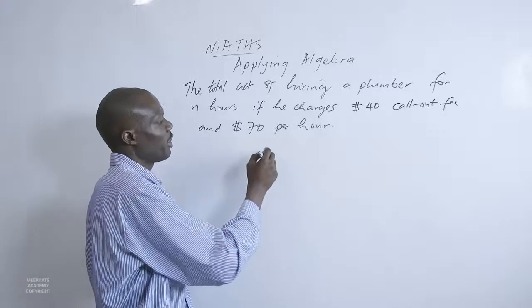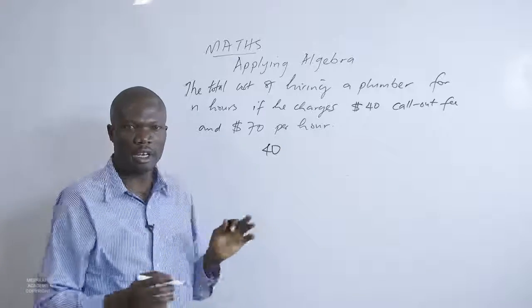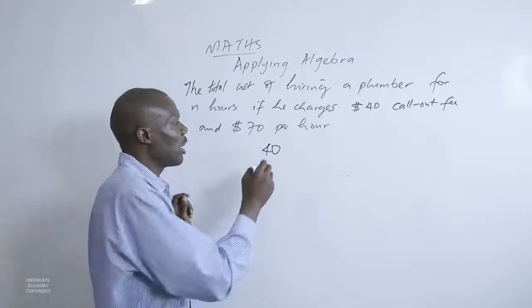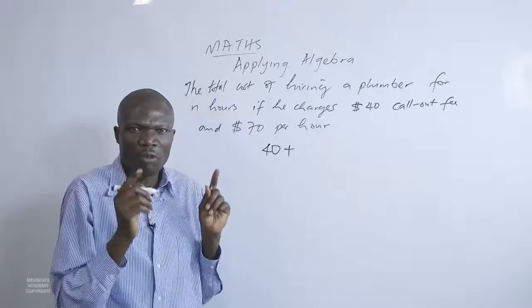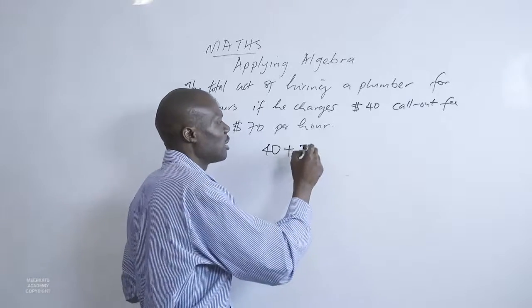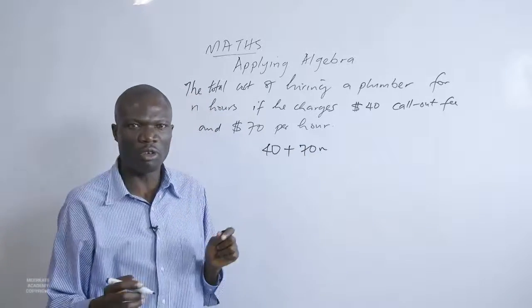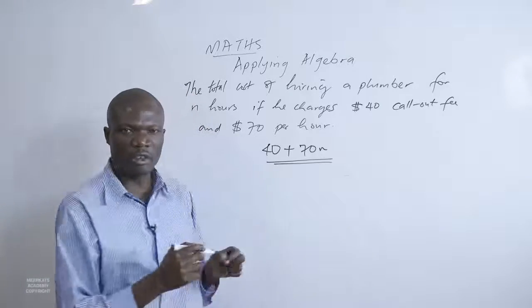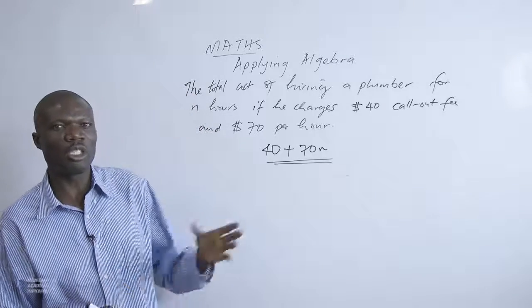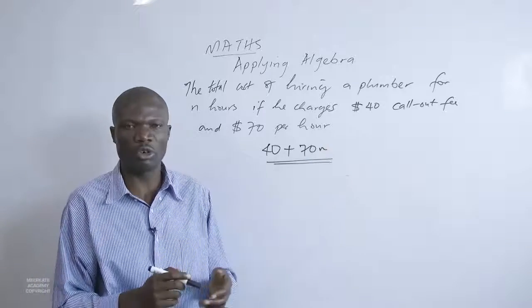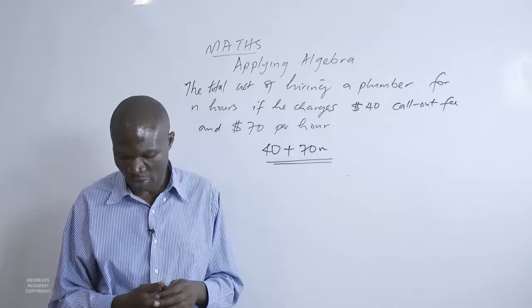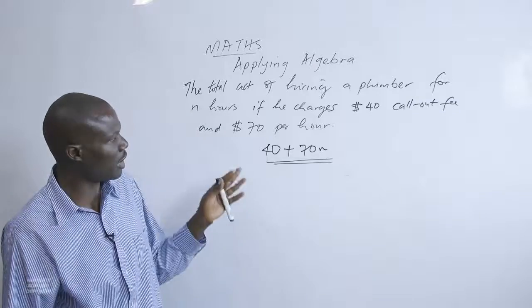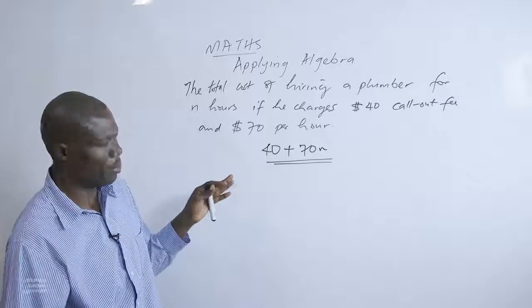The call-out fee is fixed, so that one will remain as 40, and then we shall add what he will spend for every hour, which is strictly 70 times the number of hours. So this is an expression that gives us the total cost that we shall pay a plumber if he works for n number of hours. So that is it about the application.